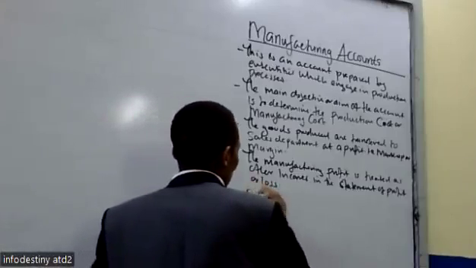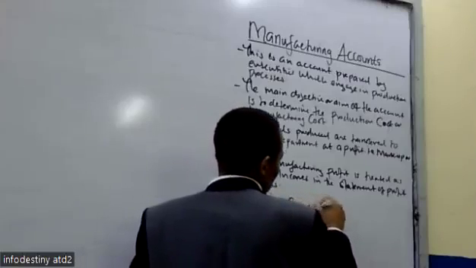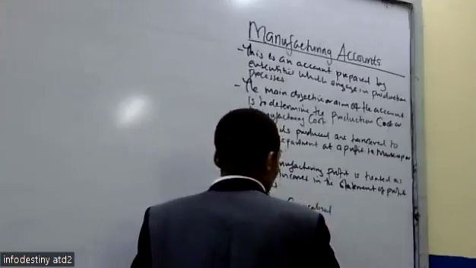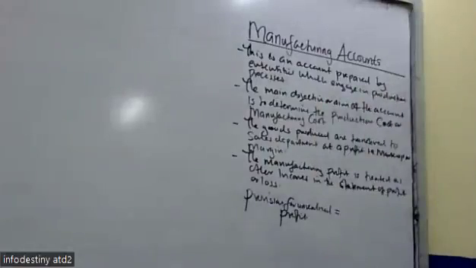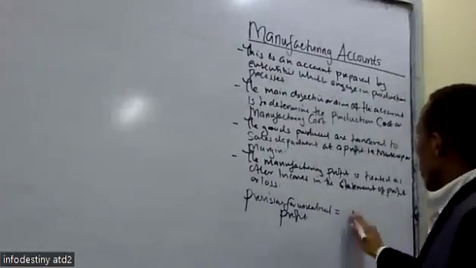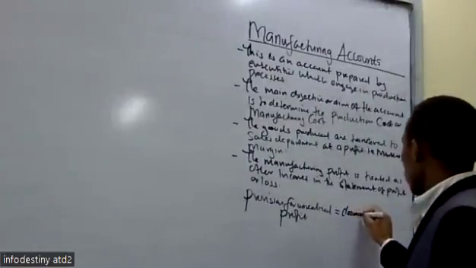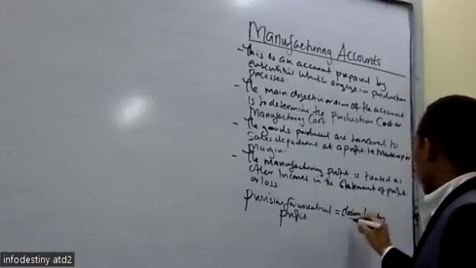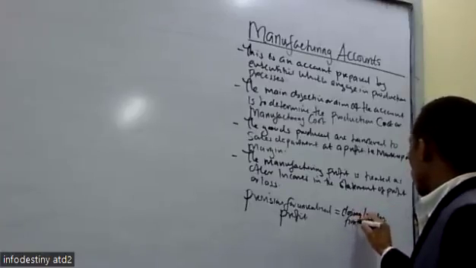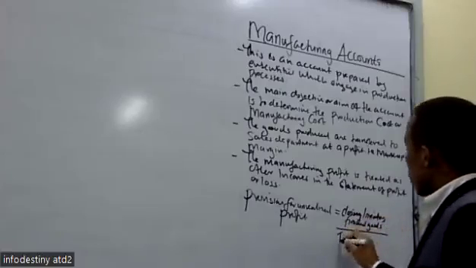So the provision for unrealized profit equals the closing inventory of finished goods, divided by what we call the transferred value.